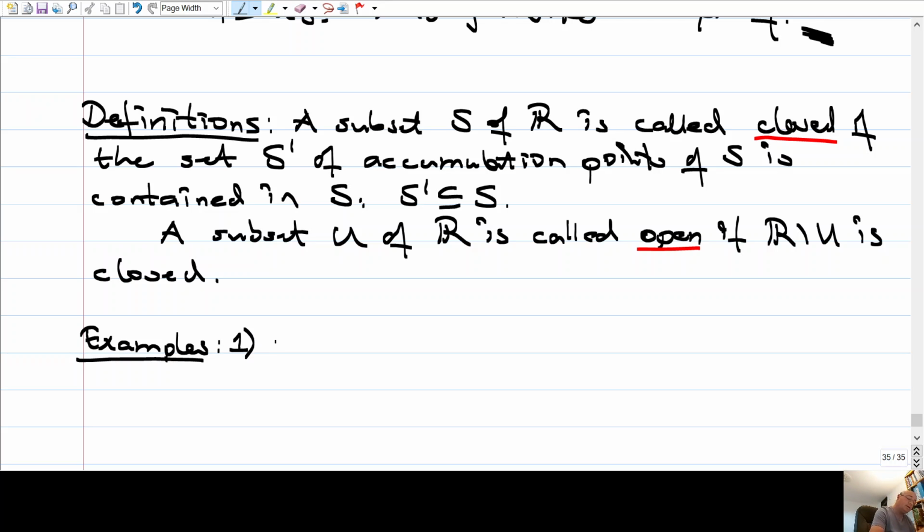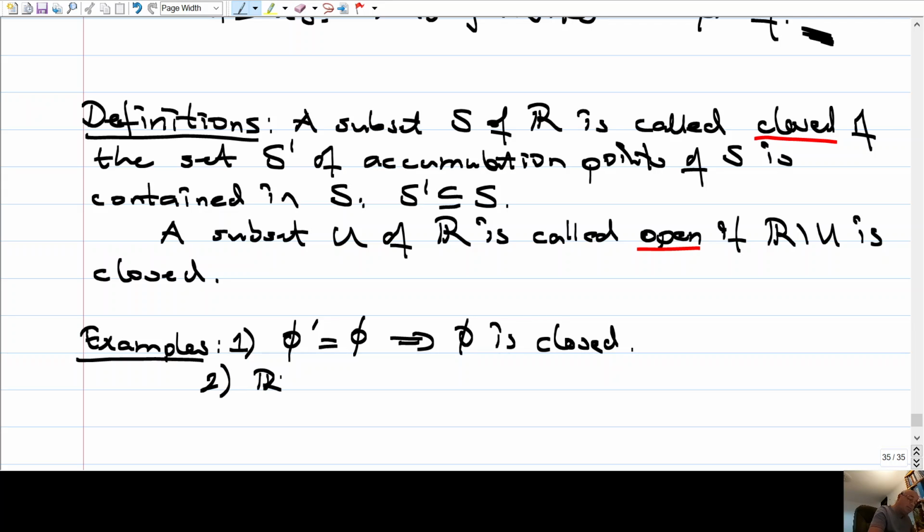For example, the empty set is closed because what are the accumulation points of this set? You know, any finite set has no accumulation point. We know that. Therefore, the accumulation set of the empty set is the empty set. Therefore, they are equal. Therefore, the derived set is contained in this set. Therefore, this is closed.